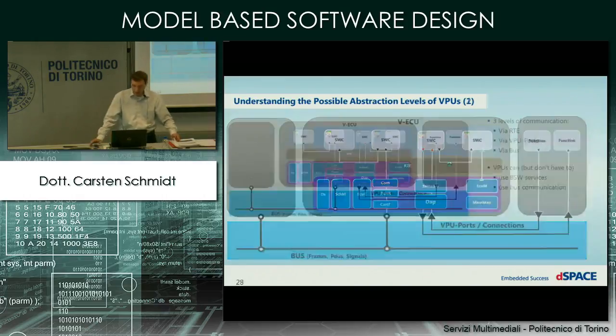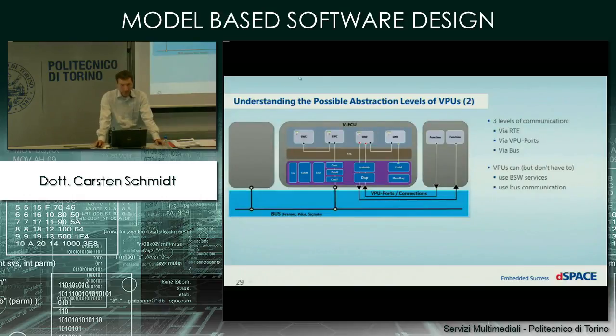So the summary of all this is we have three levels of communication: via RTE, via VPU ports, so in this case, for example, and via bus, so going this way and then up here again.